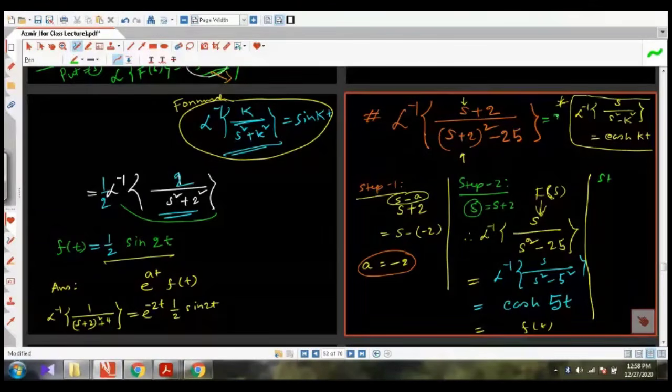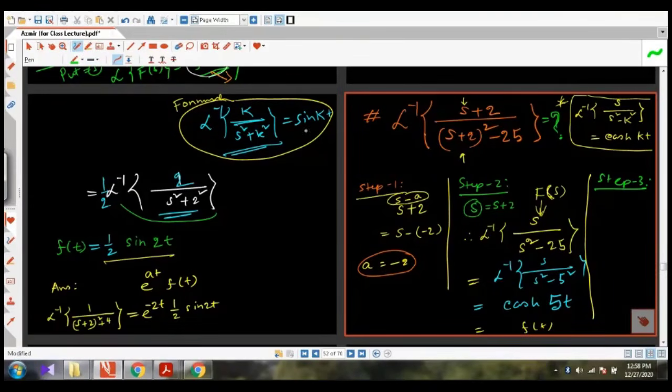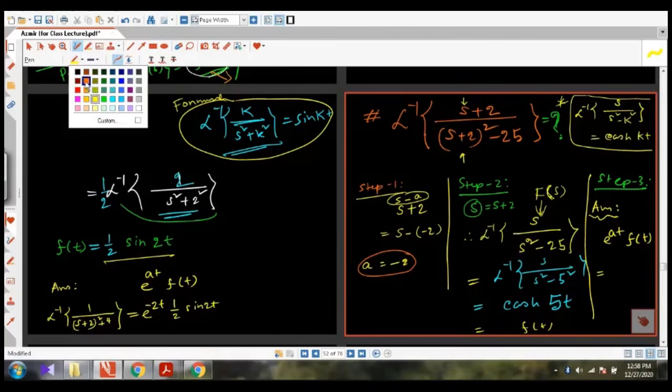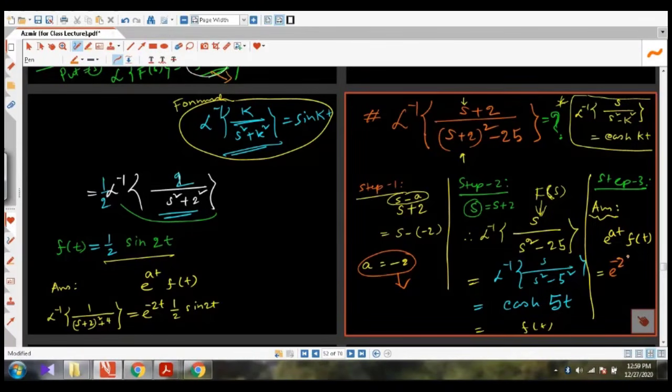What will be the result for the given question? So step 3. In step 3, the final result will be e power at f of t. So e power a is minus 2t, f of t is this one, whatever we have found previously in step 2.